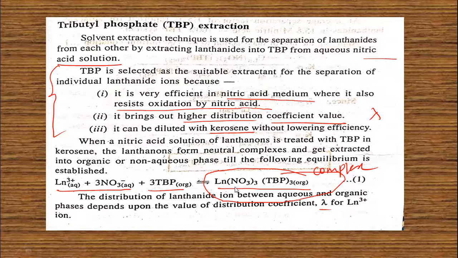In this way, one by one, the lanthanide ions are extracted from the aqueous phase into the organic phase, and they are separated. We can separate the layer, and by evaporation we will get the required lanthanide ion. So this is about the solvent extraction method for separation of lanthanide ions.